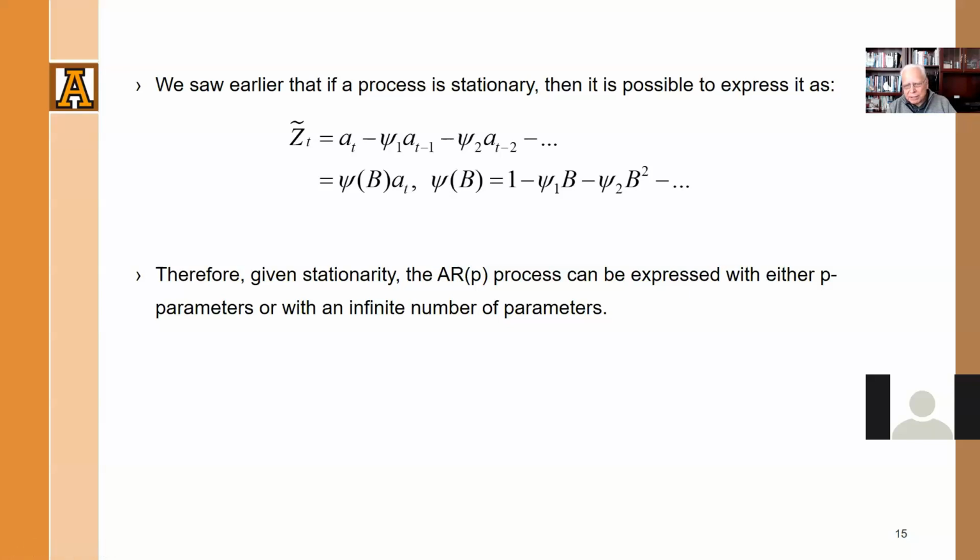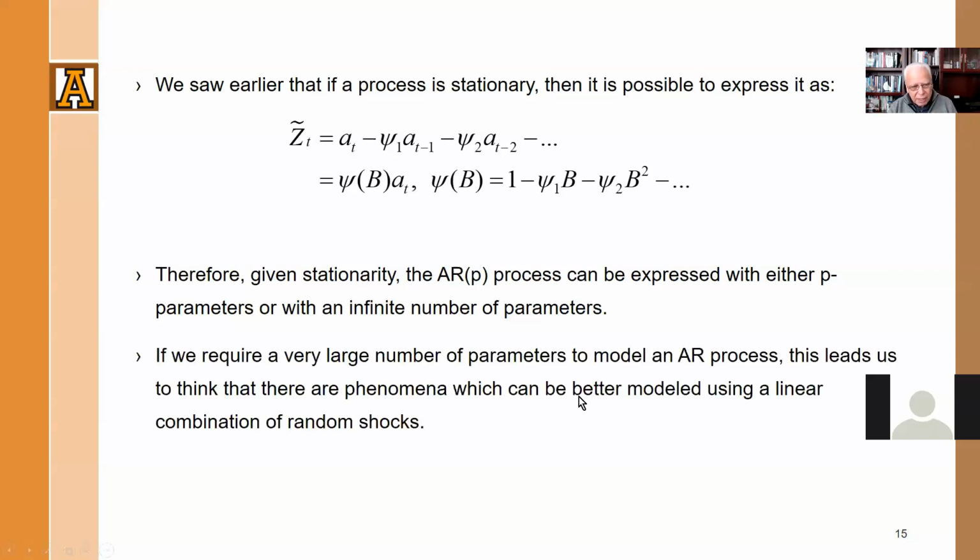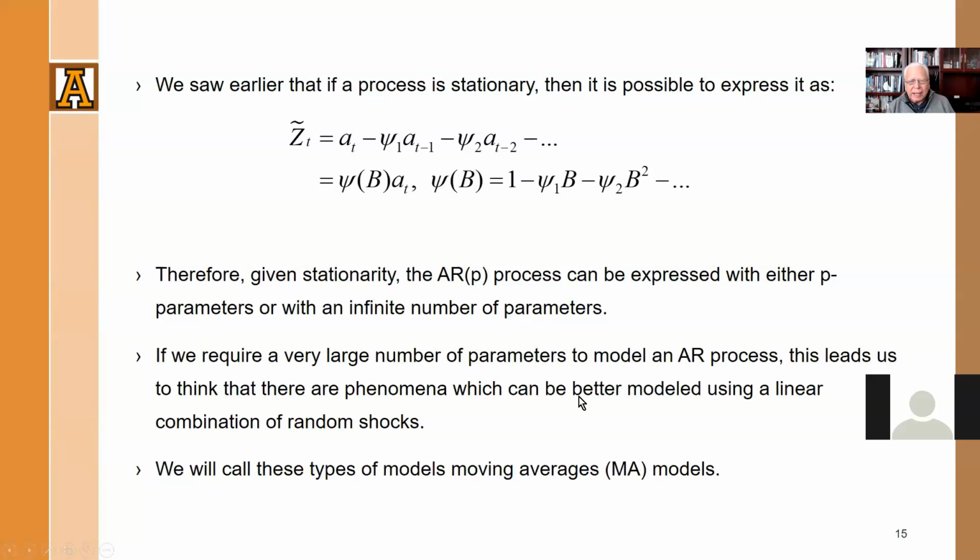And we talked about stationarity, that depends on the conditions that we have on the p parameters for the autoregressive order p model, okay? Now, we saw a couple of autocorrelation functions for autoregressive series. And it's not clear from the autocorrelation function if that is a pure autoregressive model and which order it is.